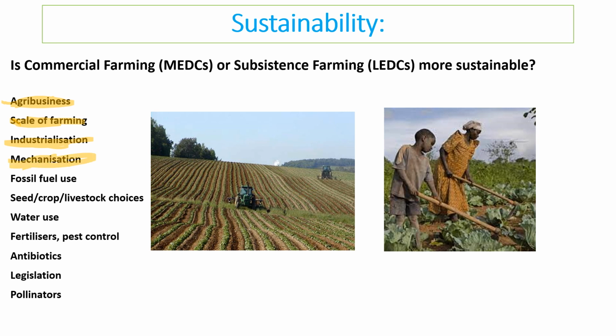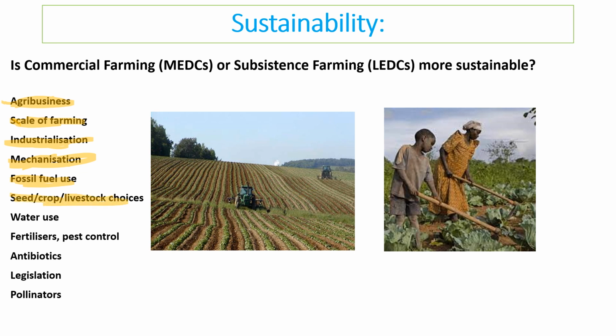Mechanisation: as I said, lots of heavy machinery is used in commercial farming, using lots of fossil fuels, which have a negative impact. Often animals, called draft animals, are used to help in subsistence farming. They provide power, and you'll add manure to the farms to help crops grow. Fossil fuel usage: commercial farming has a high dependence on fossil fuels for the farm, whereas manual labour and draft animals don't use those on subsistence farms.